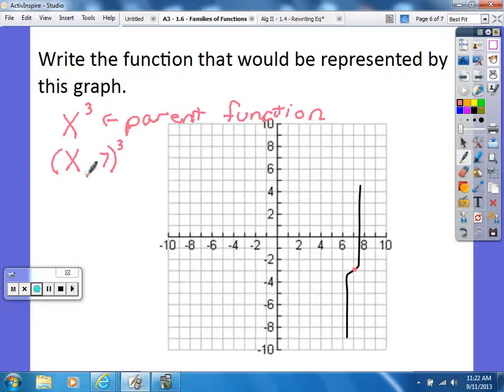Now since it moved to the right, what sign do I put here? A negative sign, a minus sign? Because I used the opposite inside, remember? And it moved down 3. How do I write down 3? Minus 3. And that's the function. That is it.